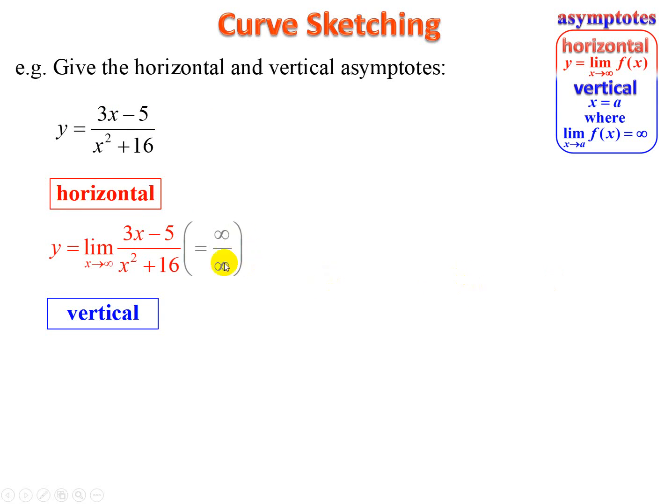And if you have a look, it's infinity over infinity. If I put infinity in the top and infinity in the bottom, I'm going to get infinity in both. So it is indeterminate, so I can use L'Hopital's rule. So I'm going to have limit as x tends to infinity again, and I'm going to put derivative over derivative.